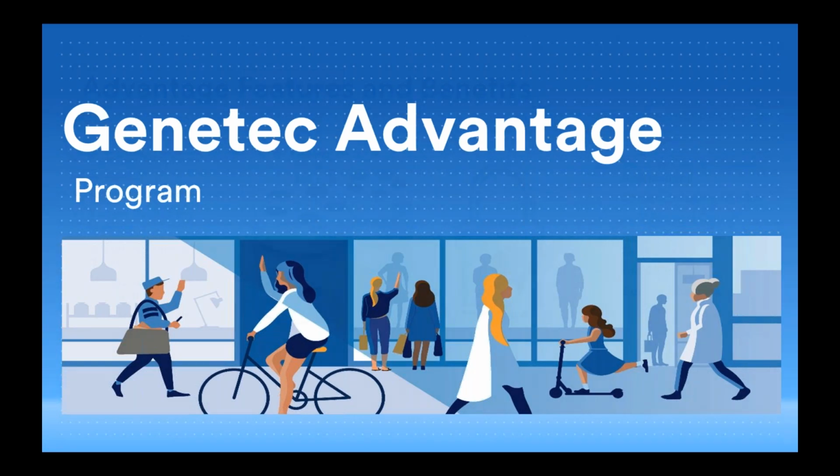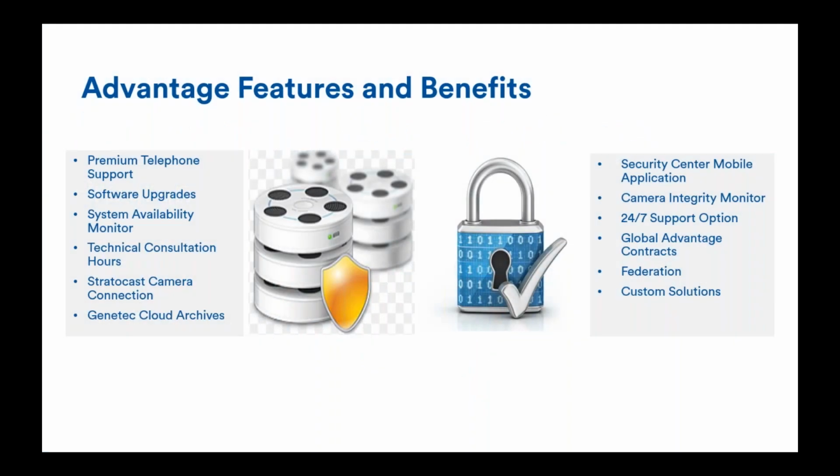And we'll start with the agenda for the presentation. The Advantage features and benefits that are included in our program. We'll start off with a bit of information regarding the premium telephone support.